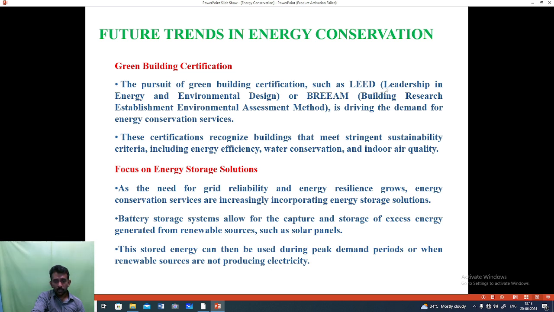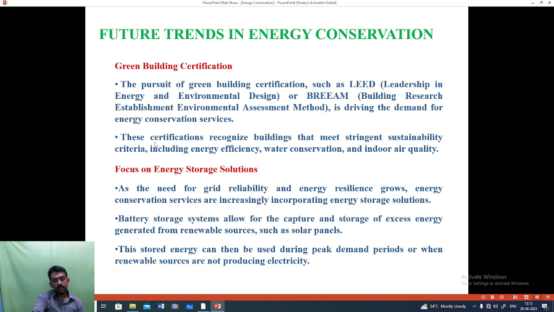This certificate is provided for better energy and environmental practices made by the concern, and the Building Research Establishment Environmental Assessment Method is made for good energy auditing practices. These are the two vital certifications that should be attained by buildings, especially in urban areas, to offer good service to both the government and the environment. It is one of the driving demands of energy conservation services.